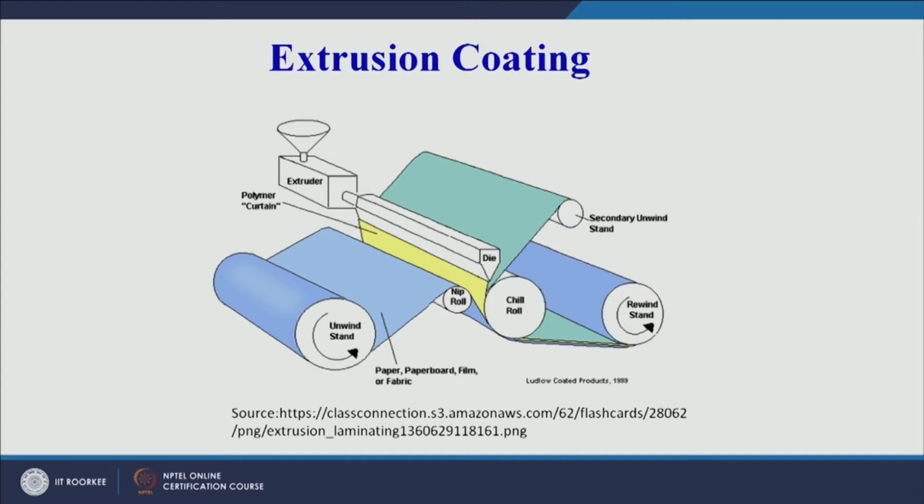So coating is getting provided on your polymer curtain. That is another form of extrusion in which we are extruding the material from here, but simultaneously it is getting coated with the help of the films coming from the unwind stands.